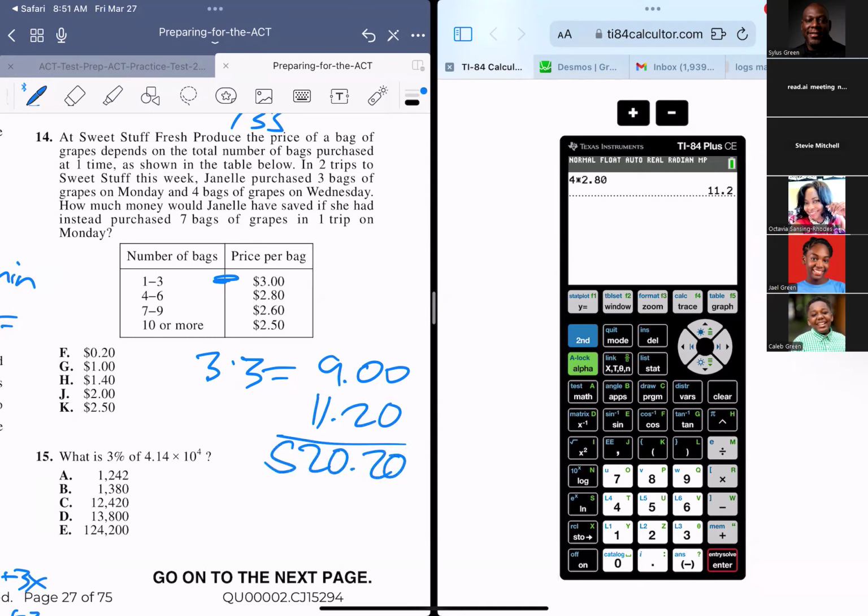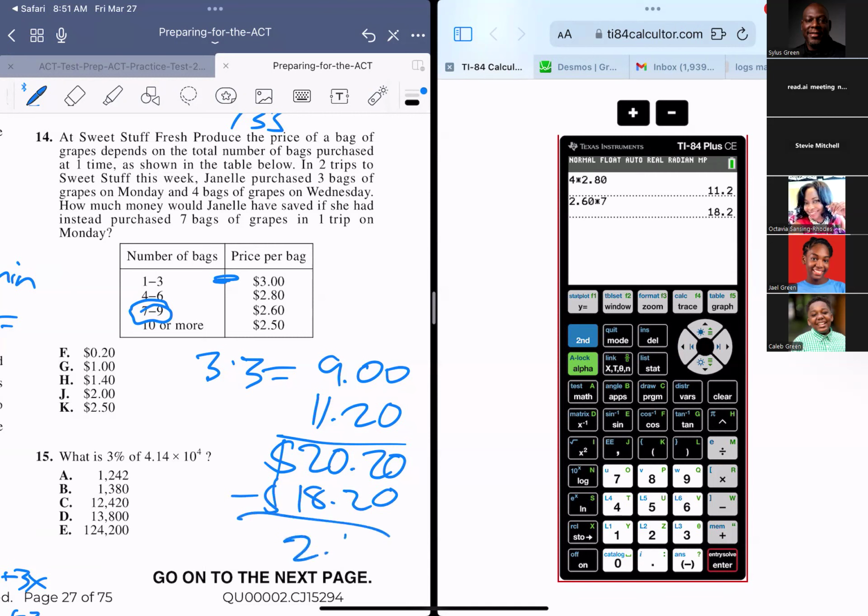That's what she spent. Now, what if she purchased all 7 bags in one trip? Well, when you purchase 7 bags, it's $2.60 per bag. So $2.60 times 7. That's 18.2. So instead of spending $20.20, she would have spent $18.20. So let's subtract that. And then she would save $2. So it's J.